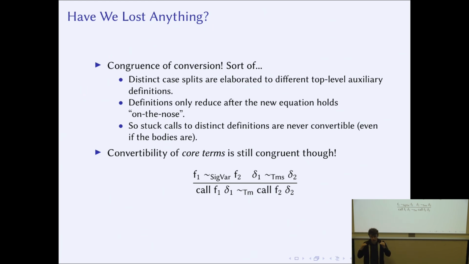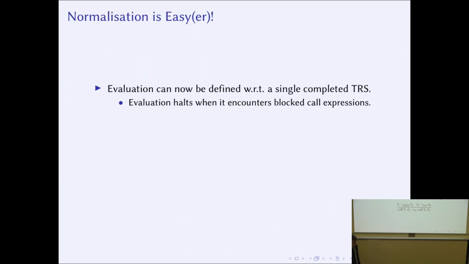Then from the perspective of the surface language, you kind of lose the congruence property. But the important thing here is that at least the core theory is very well justified, it has congruence, and actually the translation from the user perspective to avoid these issues is just to repeat whatever case split the definitions are doing, and then the equation will be satisfied.